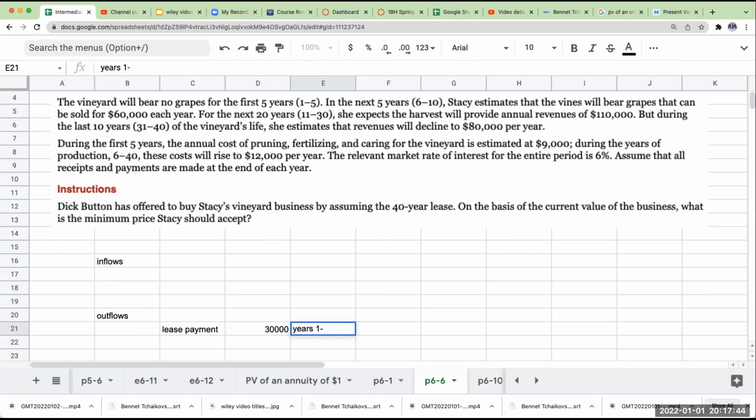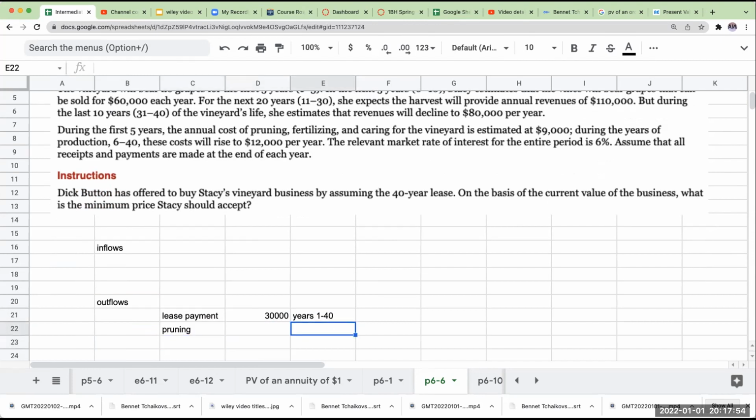We also know that for pruning, this is going to be years 1 through 5. It's going to be $9,000 during the years 6 through 40. This will rise to $12,000 per year.